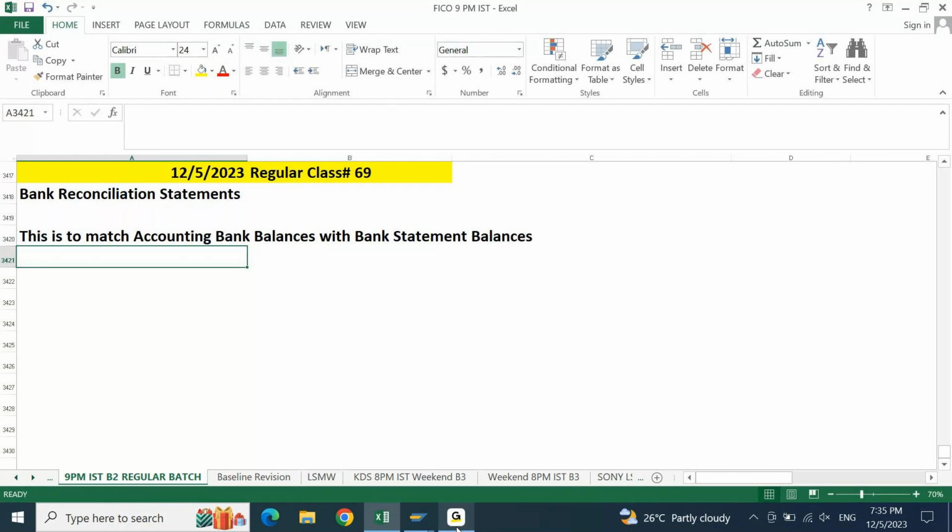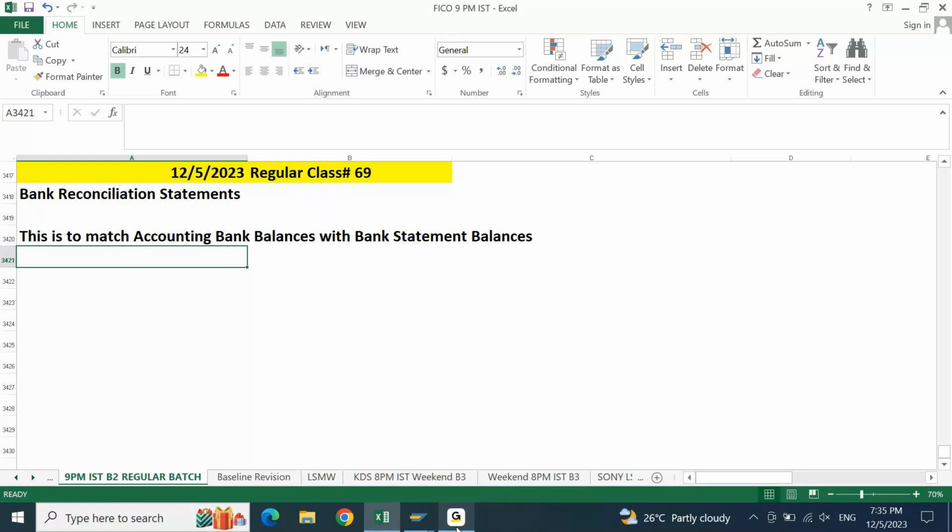As we all know, whenever you record any transaction in bank, you are going to record it first in the accounting. After that, the accounting transaction will be executed or settled in the bank.